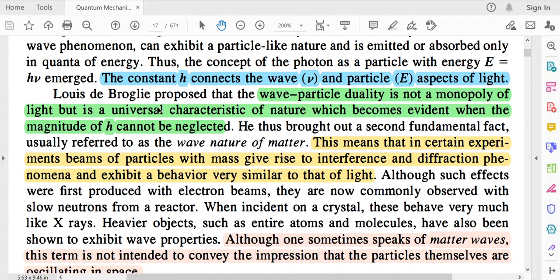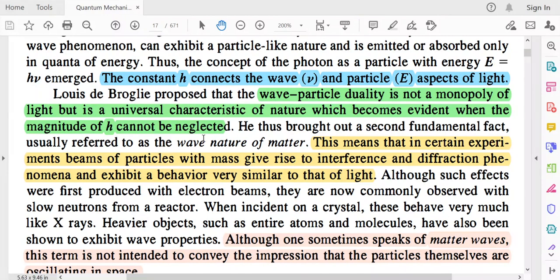Louis de Broglie proposed that the wave-particle duality is not a monopoly of light, but is a universal characteristic of nature, which becomes evident when the magnitude of h cannot be neglected. So, wave-particle duality is not a monopoly of light.